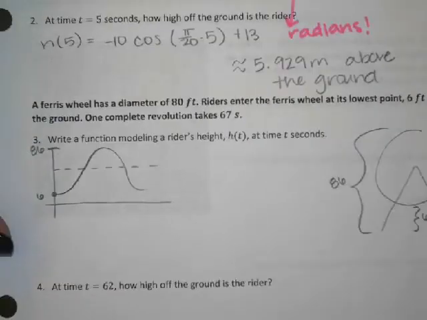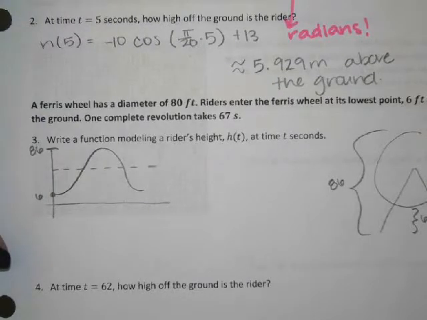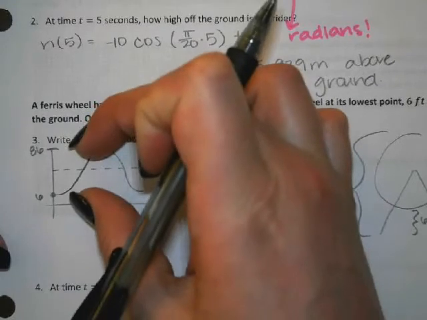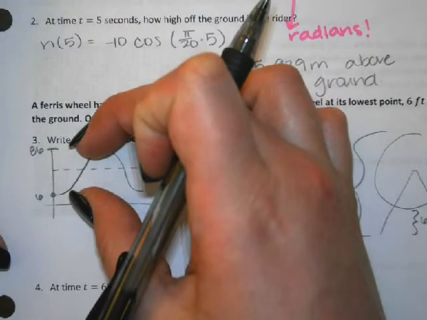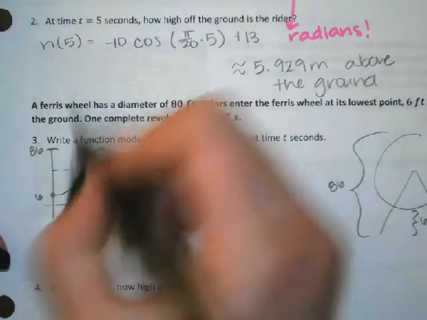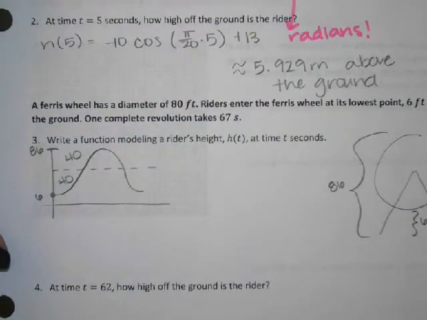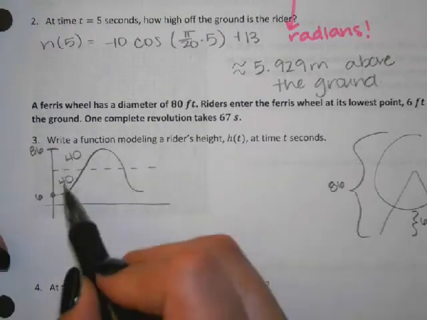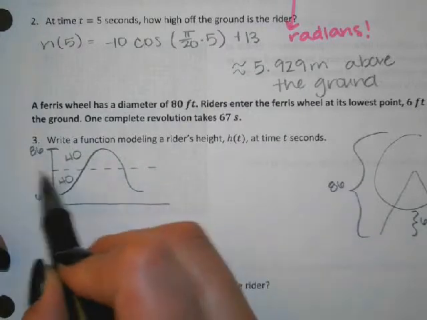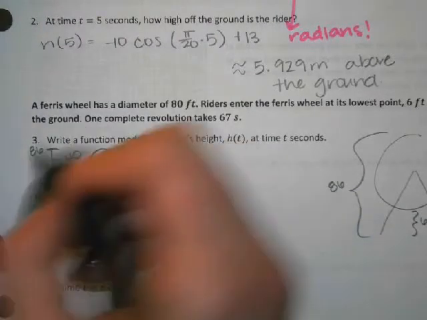What is the amplitude for this problem? The difference we said was 80, right? That's the diameter. The difference is 80. So the amplitude would be 40. And if you notice, the amplitude is the same as the radius of the Ferris wheel, okay? So if that's 40 and that's 40, what's the midline? 46.